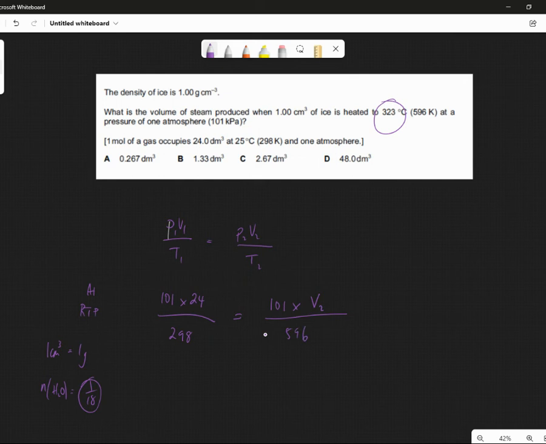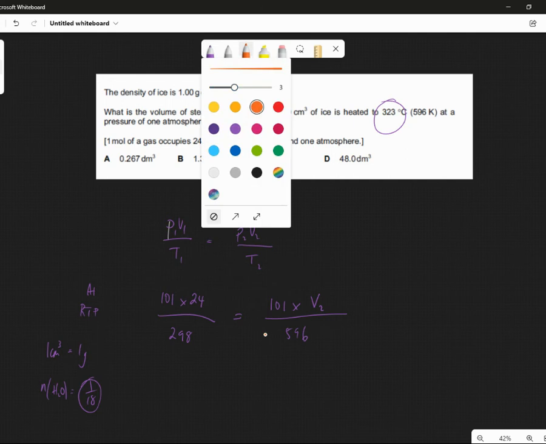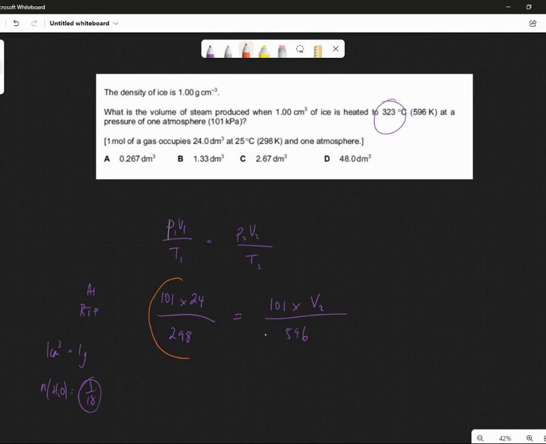Okay, so does that make sense? Now I'm messing this up a bit because I think I'm rushing a bit. All right, now what's this? This is 1 mole of water. And if we use 1 mole of water, the pressure 101 kilopascals, times the volume of 1 mole of water, which is 24, divided by room temperature, which is 298.